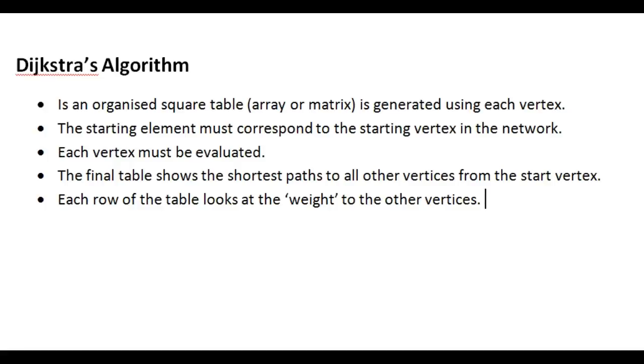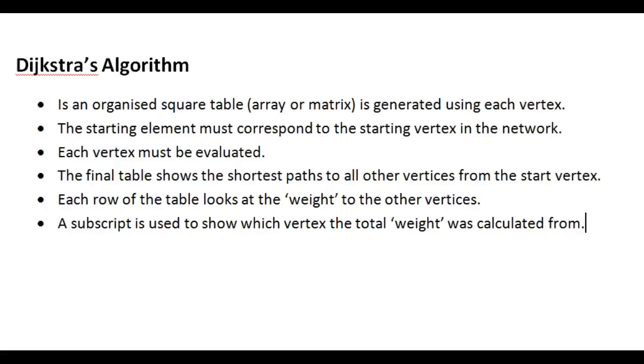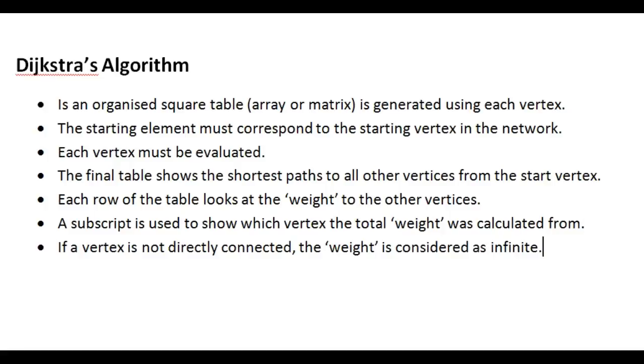Each row of the table looks at the weight to the other vertices. A subscript is used to show which vertex the total weight was calculated from. If a vertex is not directly connected, the weight is considered as infinite. This algorithm is best shown by example, which we'll do next.